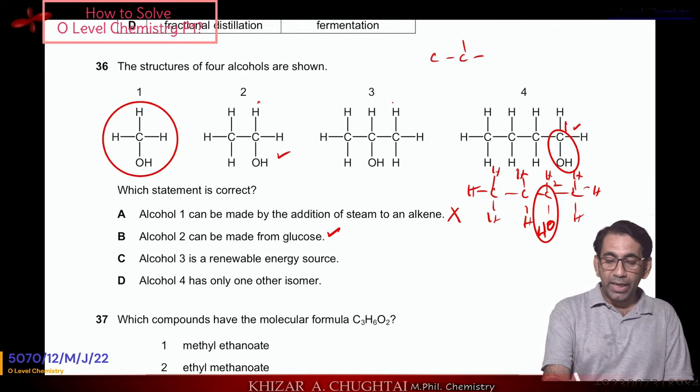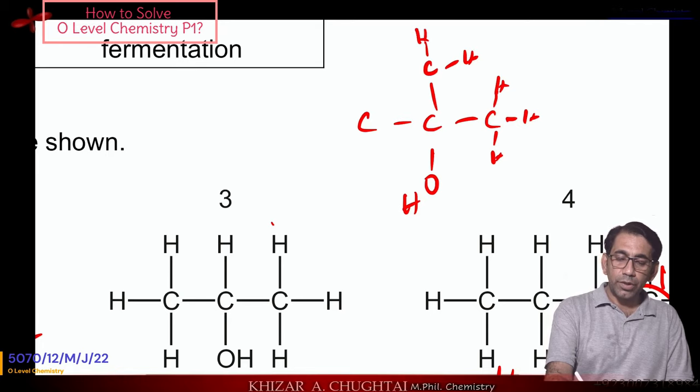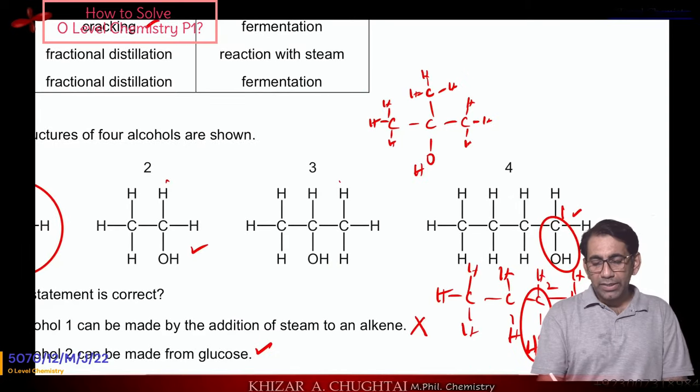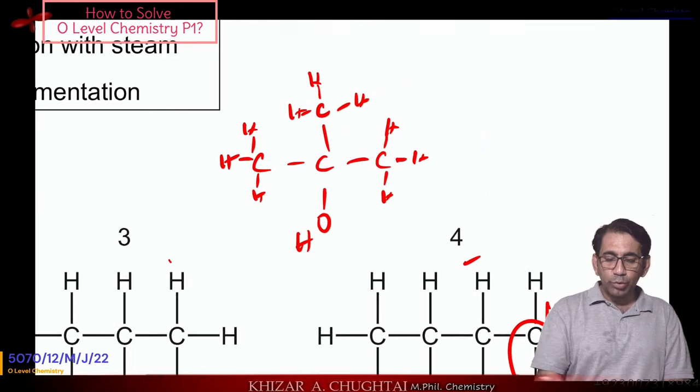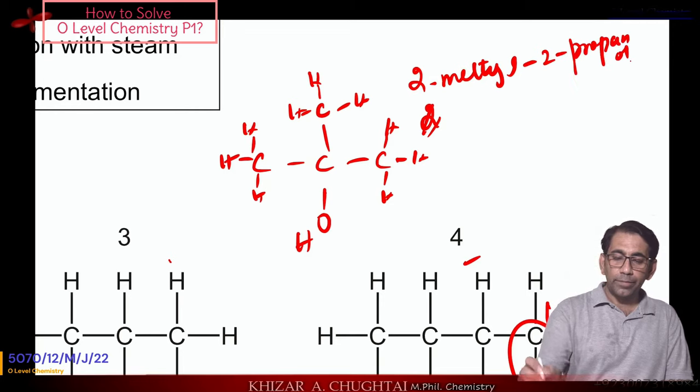If I'm going to write it over here like that, H and H, CH3, H and H. It is also an isomer of this 4 carbon alcohol, and its name is 2-methyl-2-propanol.